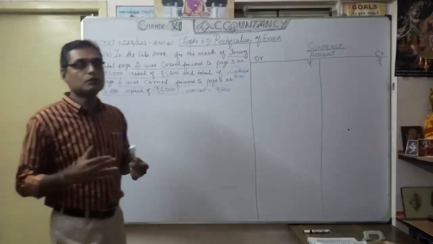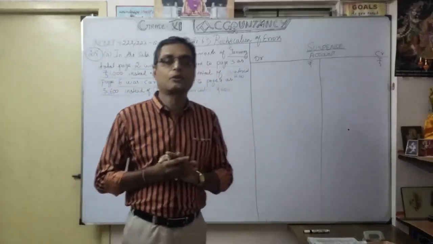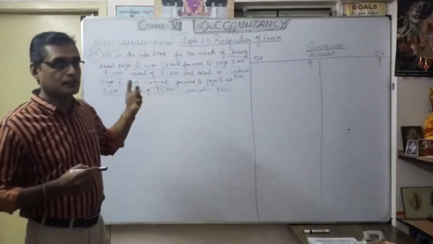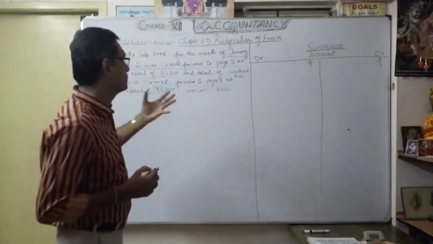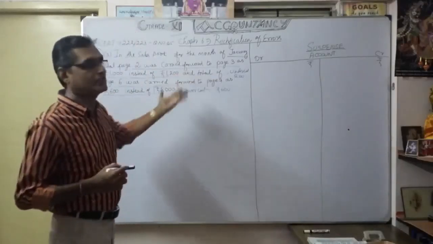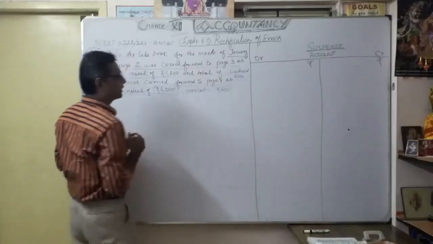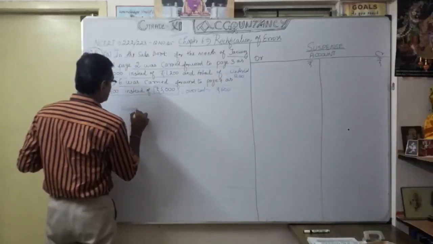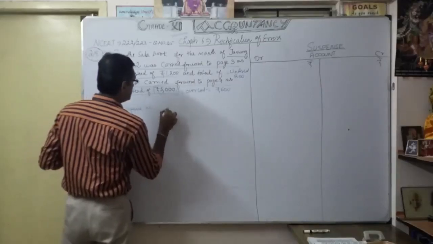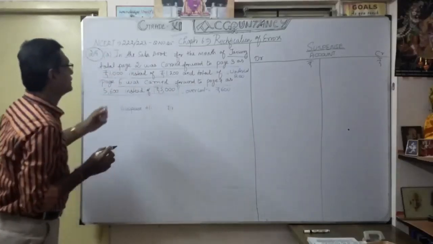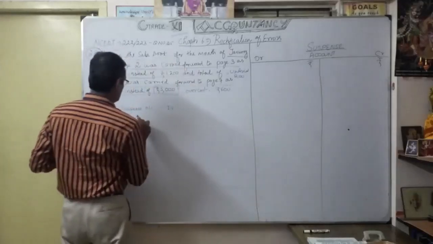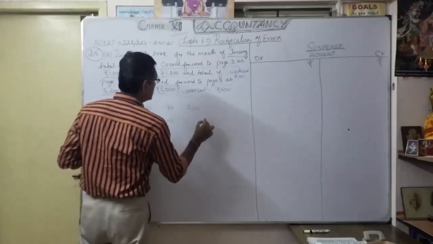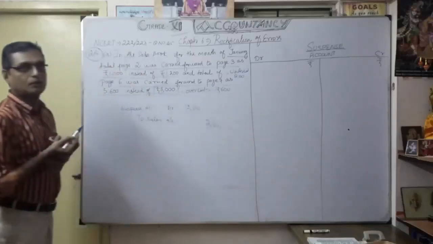So how are we going to do the rectification entry? Very interesting, very important. Anyway, you have to make 2 rectifications, or you can do it in 1 rectification. For example, the first one, the undercast of 200. How are we going to write? As you know, suspense account debit, debtor, as it is a sales book, to sales account, 200, because of the undercast.